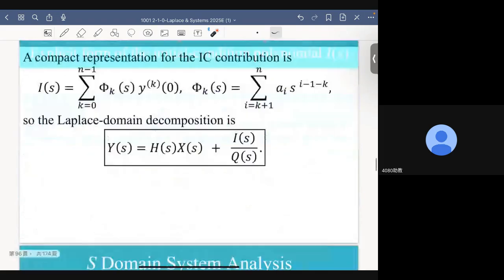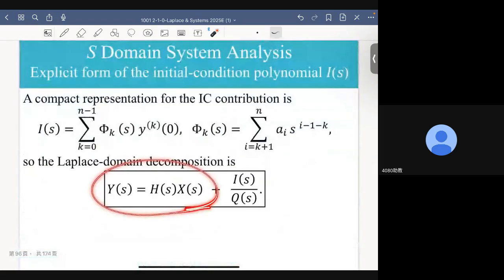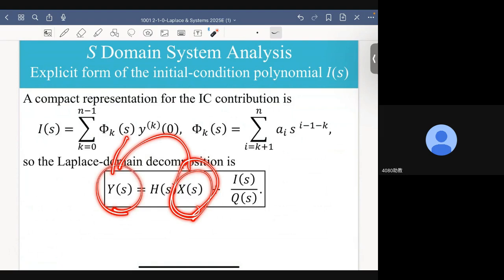Now, this is actually a very important result and a beautiful result because it tells you that in the s domain, you can connect the input with the output via a very straightforward mathematical operation, which is multiplication. And you learn multiplication in elementary school.